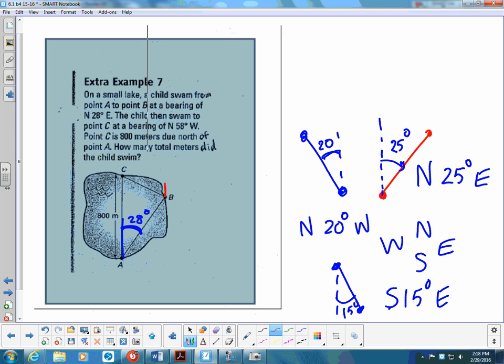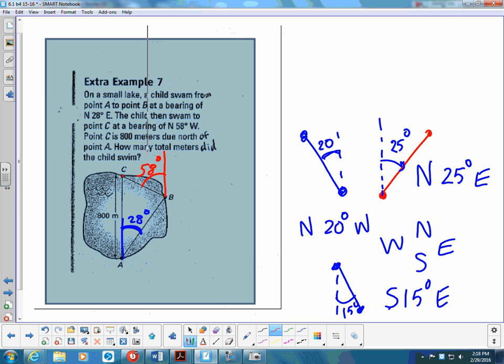So here's north, and 58 degrees to the west means this angle right here would be 58 degrees up here. Does that make sense? Yes? That's the bearing to go from here to here. You have to say, how is that in terms of north-south? Or north and then to the west.